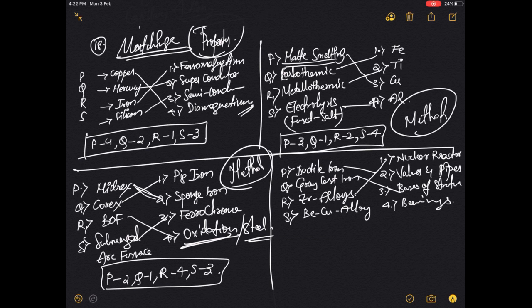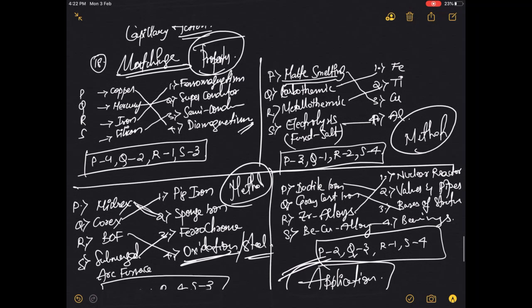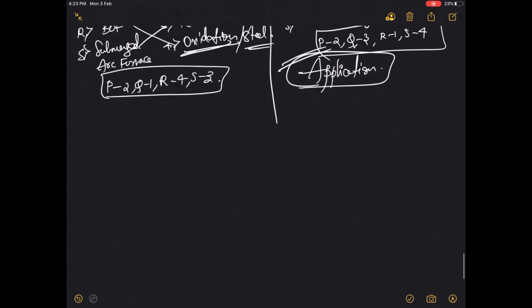Grey cast iron for heavy structures, and bearings are beryllium copper alloys. So here P2, Q3, R1 and S4. Okay, so this is based on application. So in matchings alone, you got about 4 matchings, so around 8 marks.